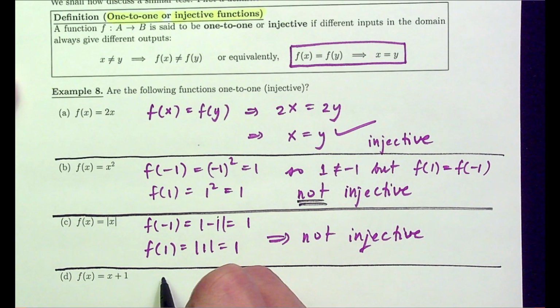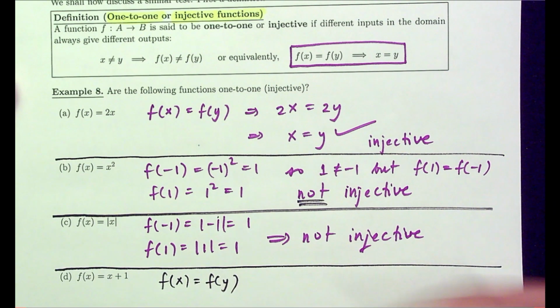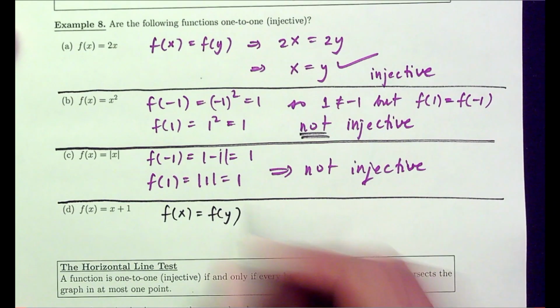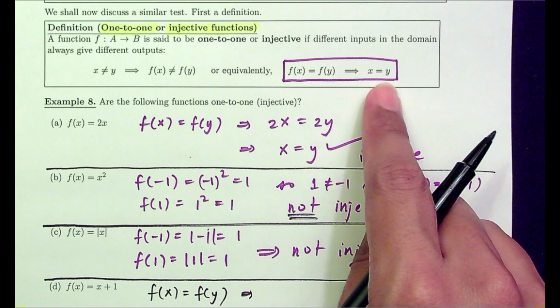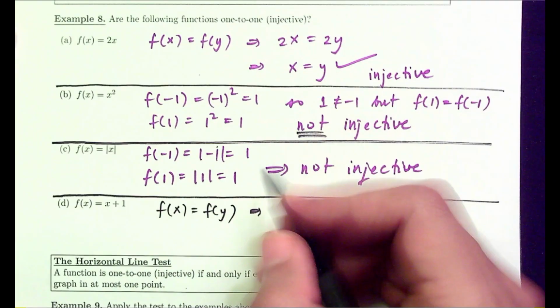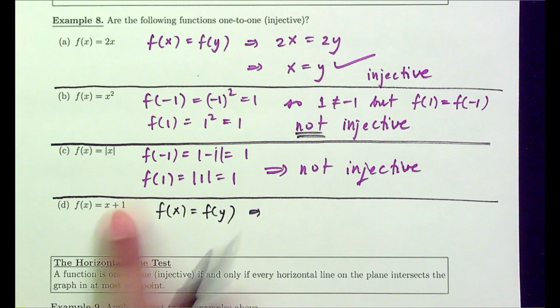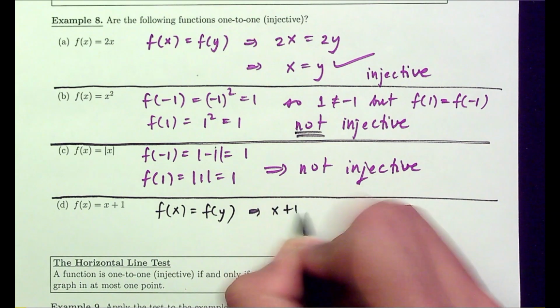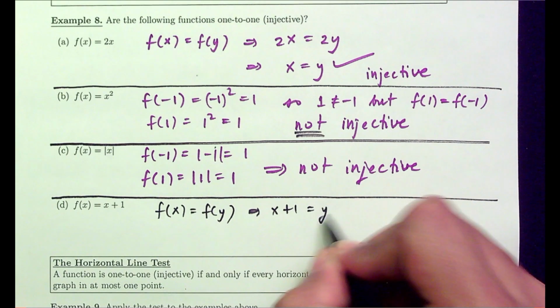So is it true that when we start by assuming that f of x equals f of y, and we simplify this as much as possible, we end up with x equals y? Let's see. F of x will be x plus 1. When you plug in y, you get y plus 1.